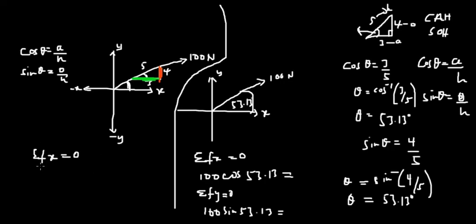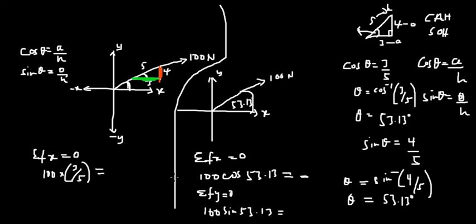Along the x-axis we have 100 newtons multiplied by the x-axis, which is 3. Note that we just divided 3 by the hypotenuse, because along the x-axis we have cosine, that's adjacent over hypotenuse. So we have 100 multiplied by 3 on 5. This will give you the same answer as this one.